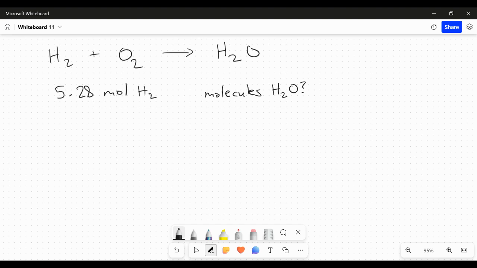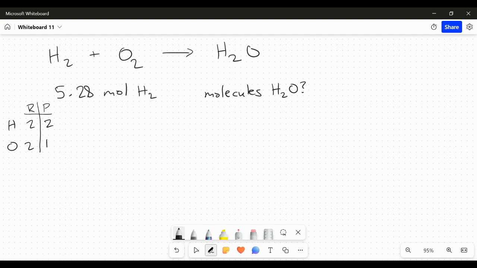So the first thing we're going to do is balance our chemical equation. List out what elements we've got. Tally them up: 2 and 2, 2 and 1. Let's start by balancing oxygen.